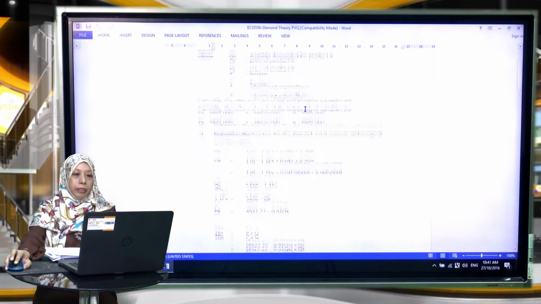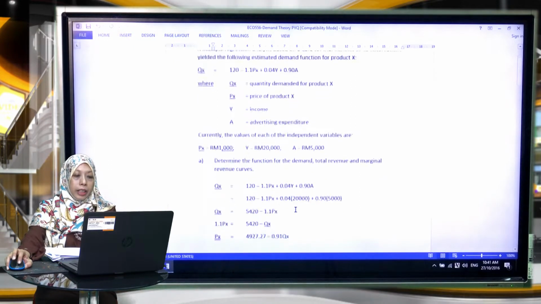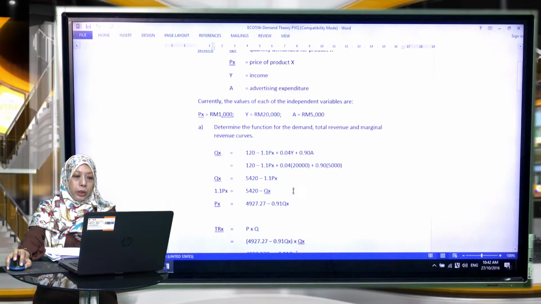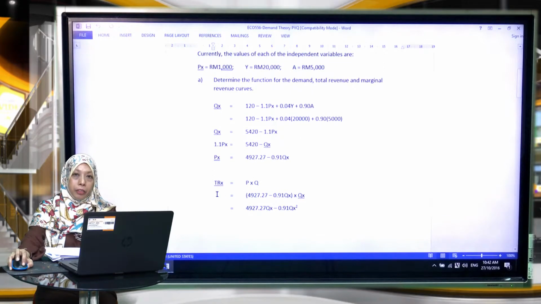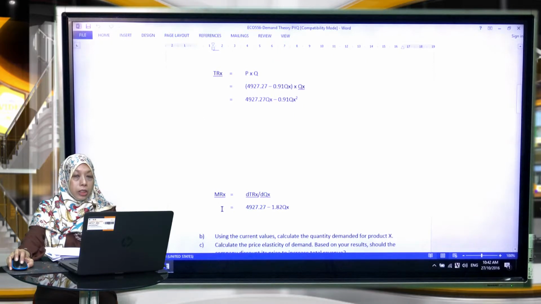Remember, to get from your demand function to your demand curve function, you only show the relationship between quantity demanded and its own price, so all the other variables you substitute values for. Once you have your demand curve function, you convert it into the price function before you can derive the total revenue function. And to derive the marginal revenue function, all you need to do is differentiate the total revenue function.